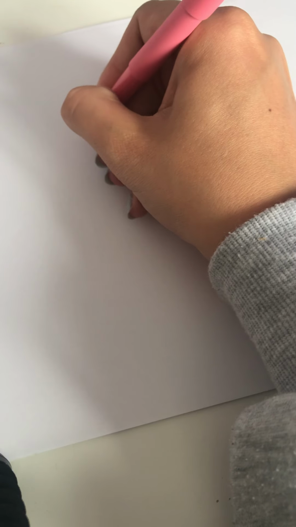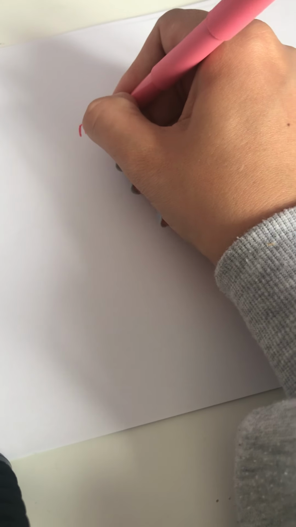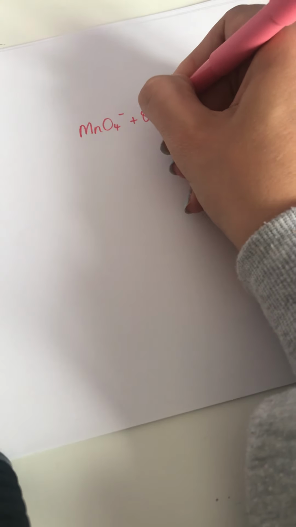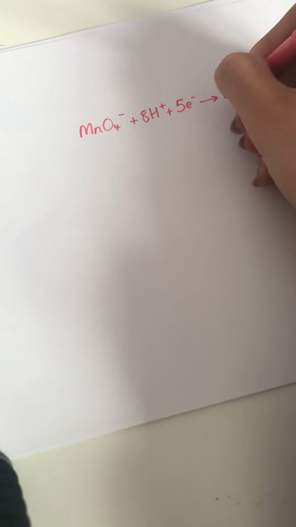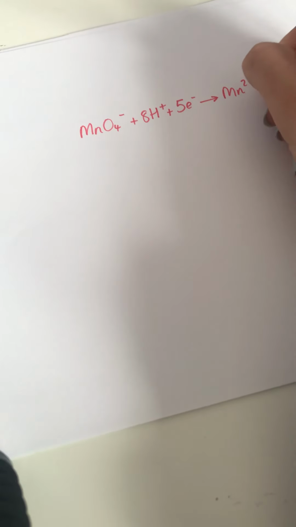So let's take a look at these. If I start with the half equation, MnO4- plus 8H+ and 5 electrons will make Mn2+ and 4H2O.